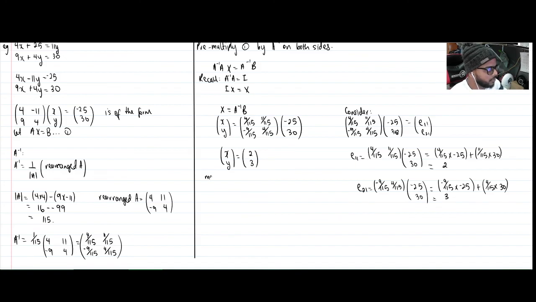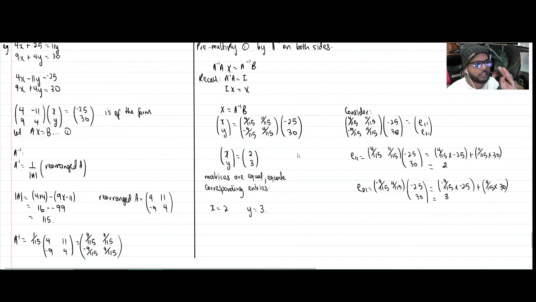We say that the matrices are equal. Equate corresponding entries. We get x is 2 and y is 3. And again, double check it in our question.